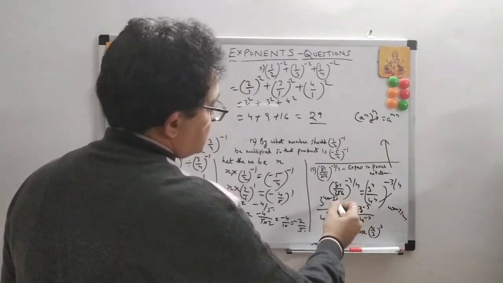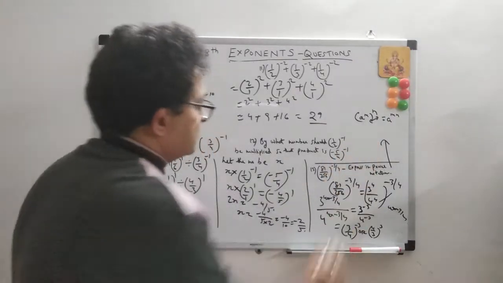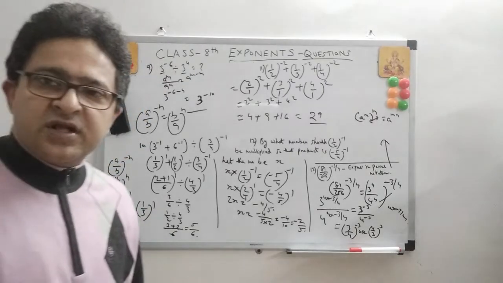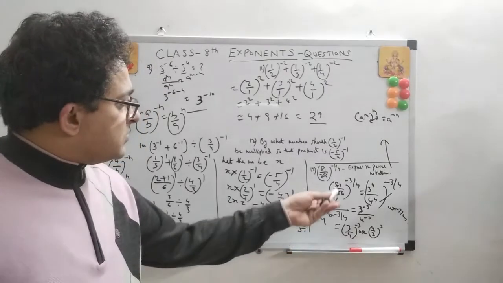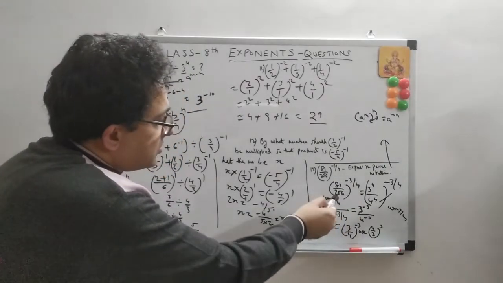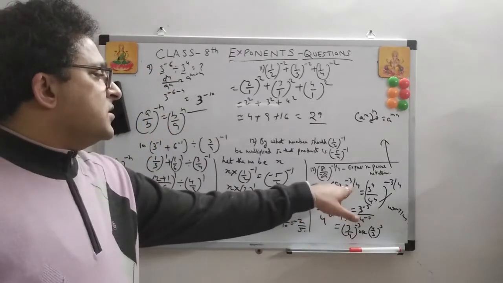Yes, this formula is being used. Just have to be a little bit thoughtful when you do these questions. They are very simple. See the order you are getting. You will always get an expression linked to this kind of form.